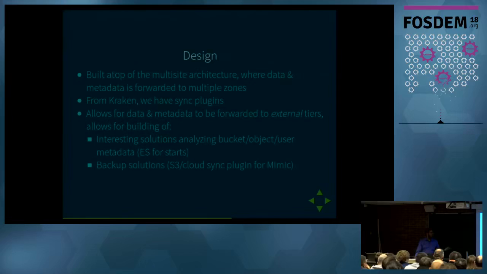Since that is already there, and Rados Gateway is the consumer on the remote site, we thought we could leverage this to consume it not only by a Rados Gateway, but by a third-party plugin which can forward this metadata and data to an external tier. So what we have already built in, from the Kraken release of Ceph, is Elasticsearch: we have the notifications from the remote site, and you just forward them to Elasticsearch.